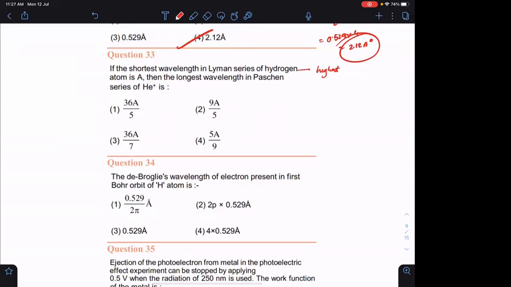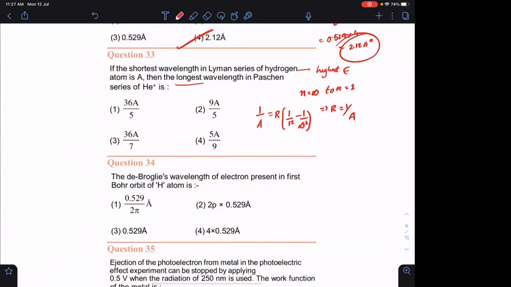If it is highest energy, what is the transition? n equals to infinity to n equals to 1. So the wavelength is given as 1 by A is equal to R Z square into 1 by 1 square minus 1 by infinite square. This implies R equals to 1 upon A.